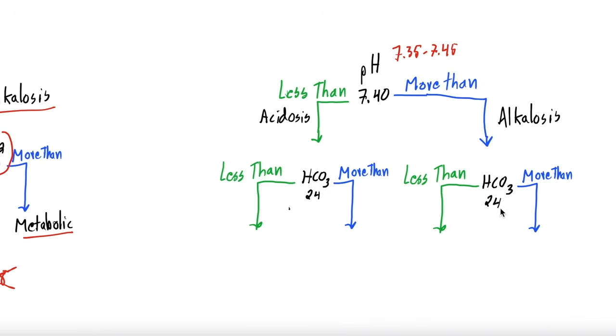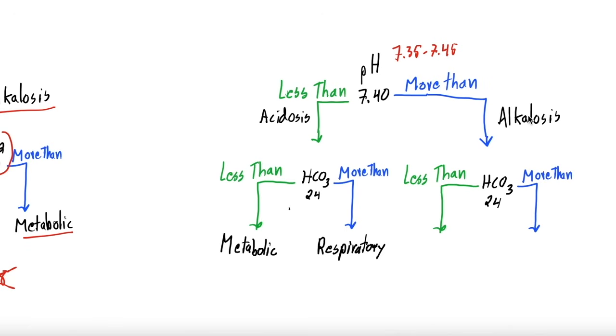So if you are acidotic, your pH is less than 7.40, and your bicarb is low. Bicarb is a base, right? So if your bicarb is low, that means that your acidosis is metabolic because your base is low. Whereas if your bicarb is high with an acidosis, that means that it is respiratory. So it's the opposite of when we looked at the PCO2.